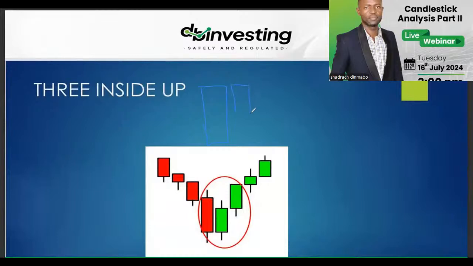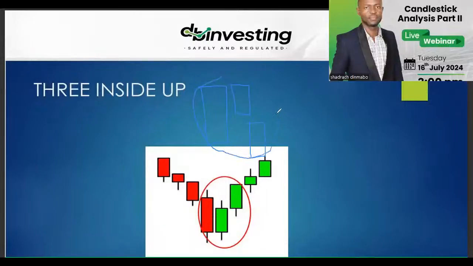But this bearish candle did not swallow up the bullish candle. They will now have another bearish candle that tends to come below this impulsive bullish candle. This one is what is known as three inside down.